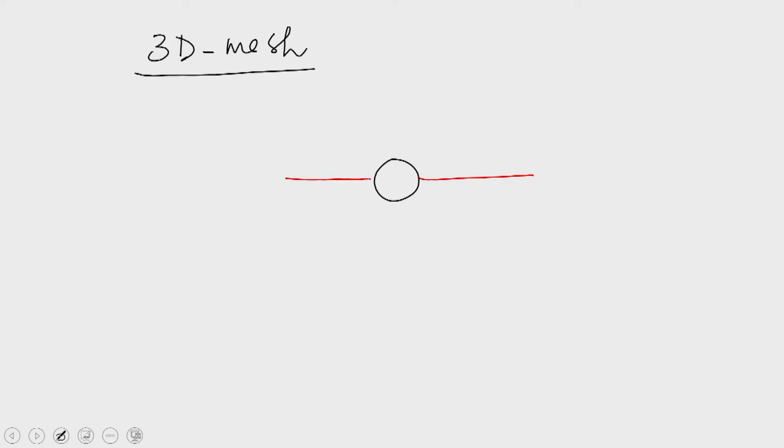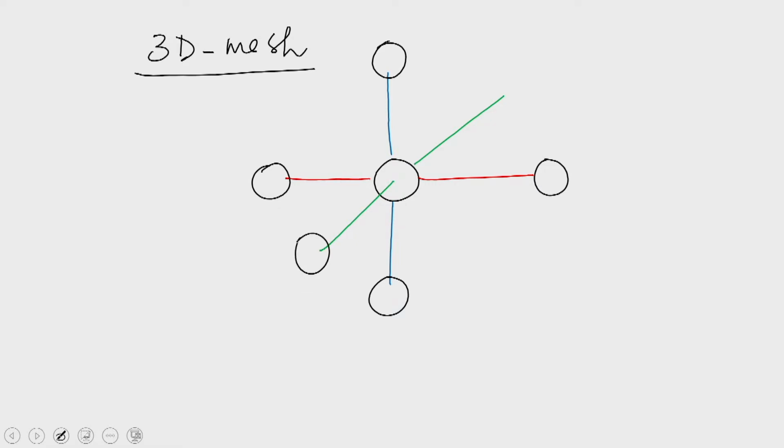A node has two neighbors along one dimension, and it has two neighbors along a second dimension, and then it has two more neighbors along a third dimension. So a node could have two neighbors along the blue dimension, two neighbors along the red dimension, and two neighbors along the green dimension. So the maximum vertex degree is 6.